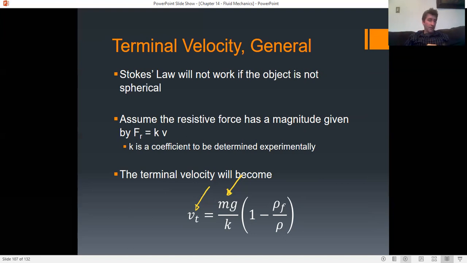And again, first of all, the density of the objects that are settling have to be greater than the density of the fluid. And for rocks and water, most minerals have a specific gravity of 3 or higher. Okay.